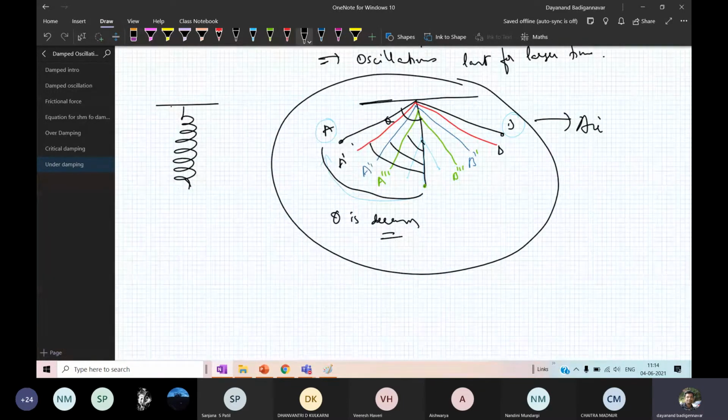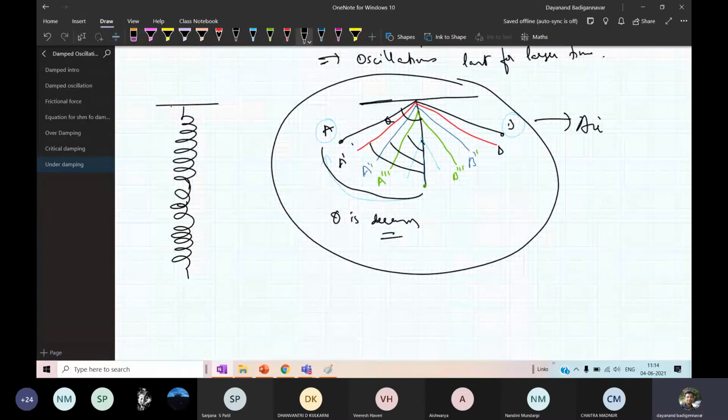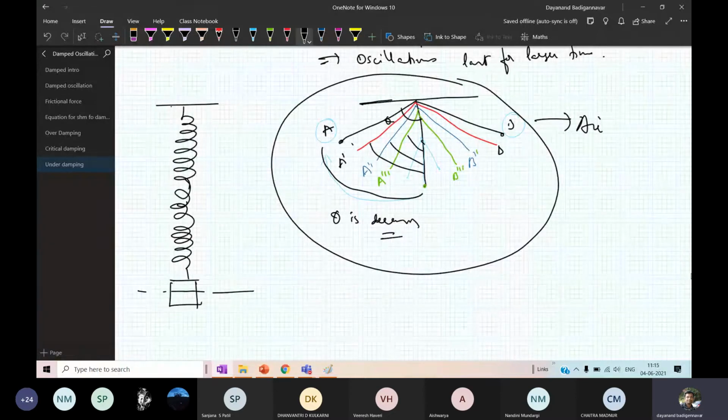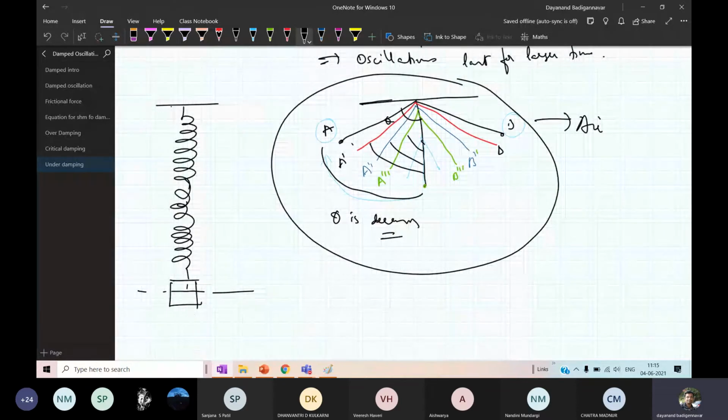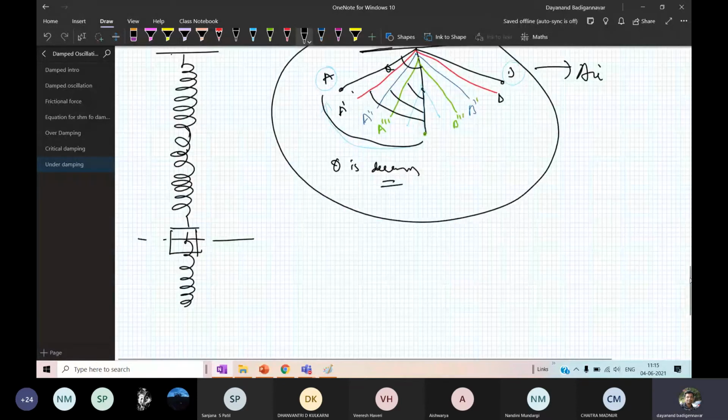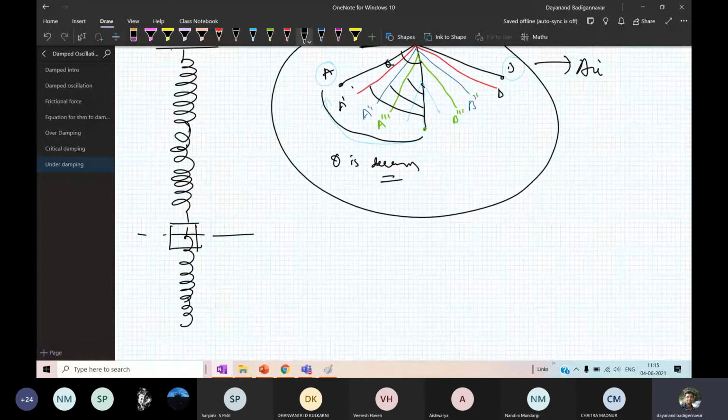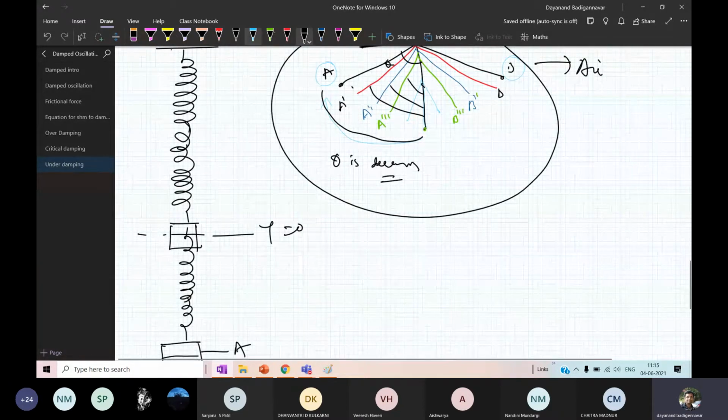It is oscillating between the points A and B. This is the point A, this is y equal to 0, and somewhere here it is B.